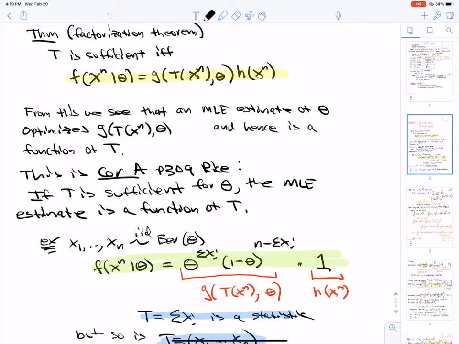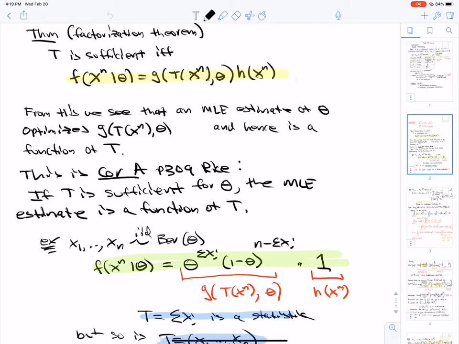So as a result of this, if you're trying to find an MLE estimator, you're maximizing your density with respect to theta. If your density factors like this for a sufficient statistic, then you're maximizing G. H plays no role in finding a theta that maximizes your density because H does not involve theta.